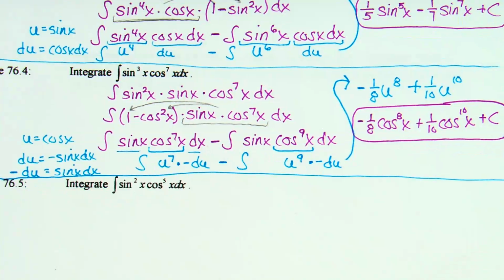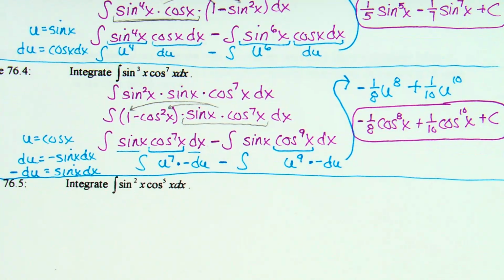Or is there a better way to write it? Well, here's the deal. As much as you want to replace that sine squared x, if you try and replace sine squared x with 1 minus cosine squared x, notice everything in my problem is now cosines. And that doesn't allow for a chain rule option. We need a mix of sines and cosines when we're talking powers.